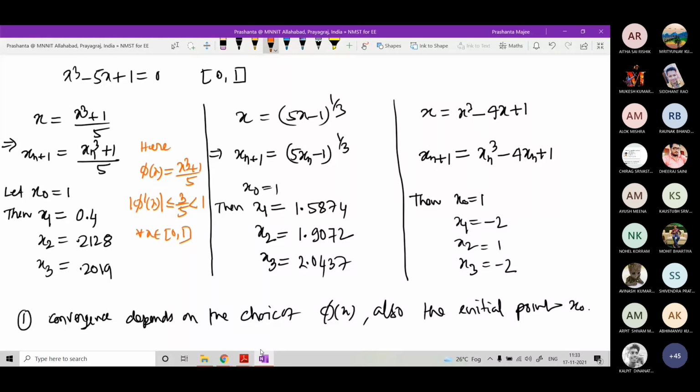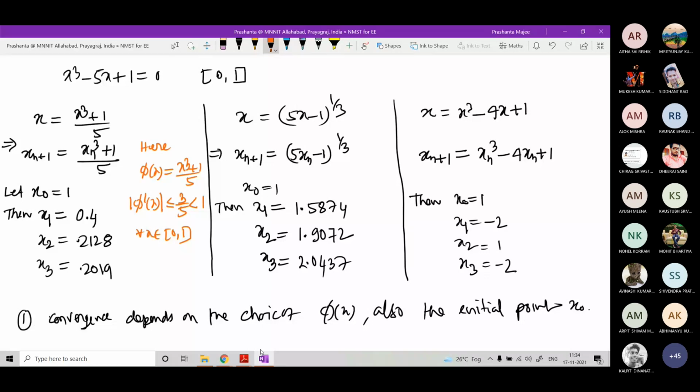That is why this method is converging towards the root. Aap koi bhi initial value choose kar lijiye 0 se 1 ke beech mein. Aisa nahi ki 1 hi choose karna hai, aap 0.5 choose kijiye, 0.1 choose kijiye, 0 choose kijiye, koi bhi. That value will be leading towards the root in the interval 0 comma 1.